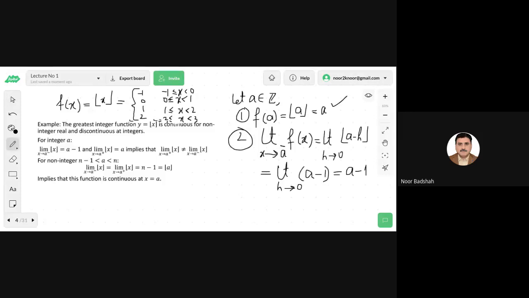Similarly, if you find the right hand limit, I do that by simply changing minus with plus. Replace this with plus, but a plus h is what? You will remove the greatest integer and it is only a now. And then applying limit h goes to 0, it will be a. Right? I can erase it as well.